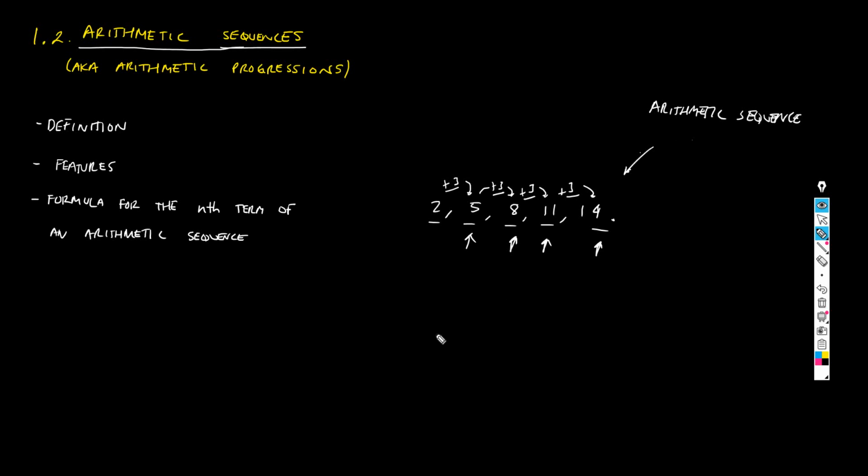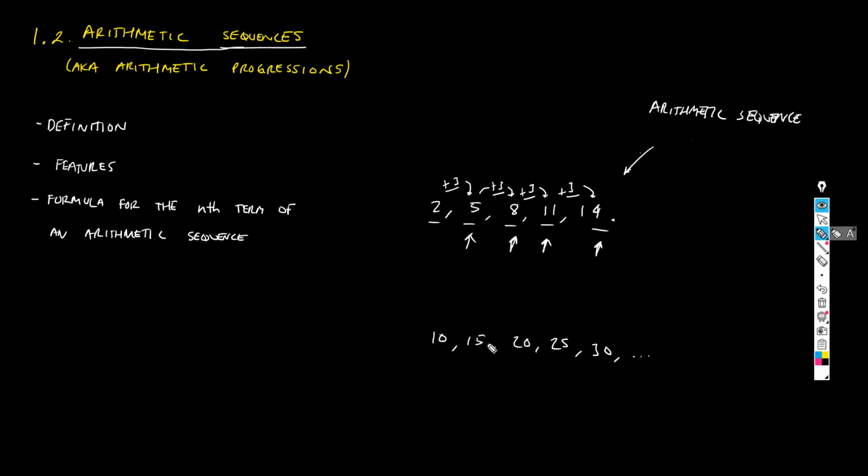Let me give you another example. What about this, guys? Let's start with 10, and then we have 15, 20, 25, 30, etc. So what type of sequence is this? In regards to the number of terms, this is an infinite sequence because I'm seeing the 3 points, which means and so on. Now, is this an arithmetic sequence?